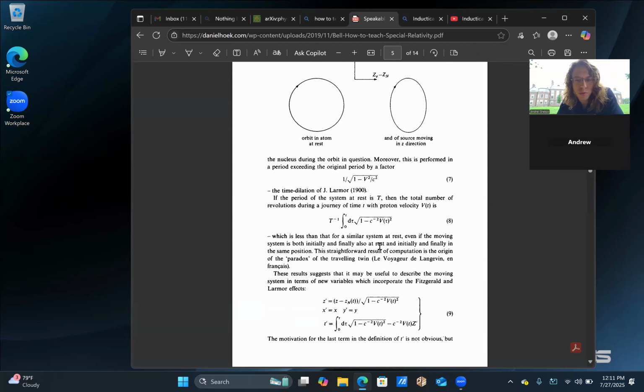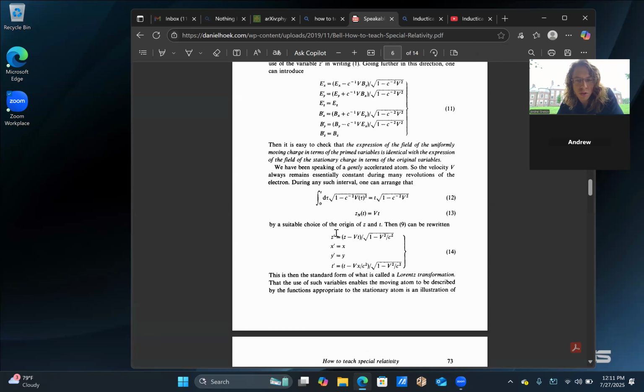Indeed, if we perform this transformation, z prime, x prime, y prime, t prime, then we see that in these coordinates, the field of the moving charge looks like the field of a stationary charge. So if we are moving with a constant velocity v, whoever is observing some charges on this ship, or whatever this solid body is, sees the charges and fields as those of stationary charges. So everything is consistent.